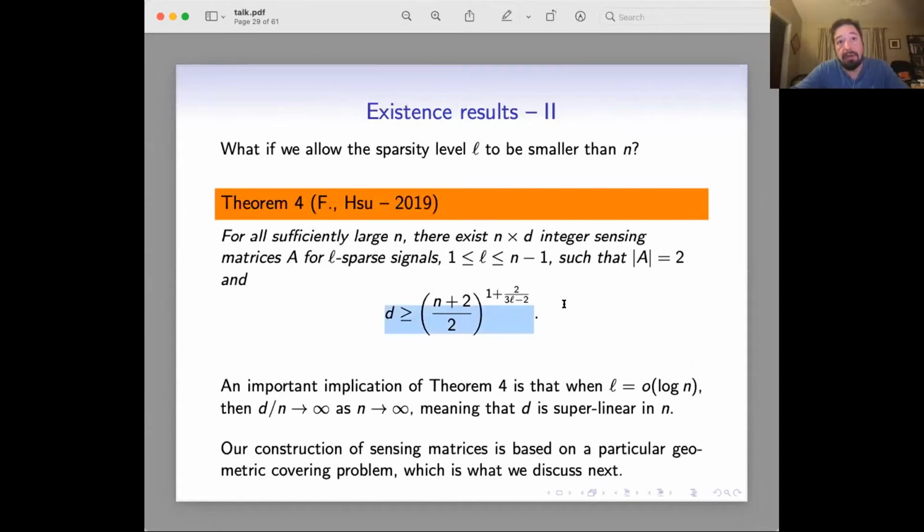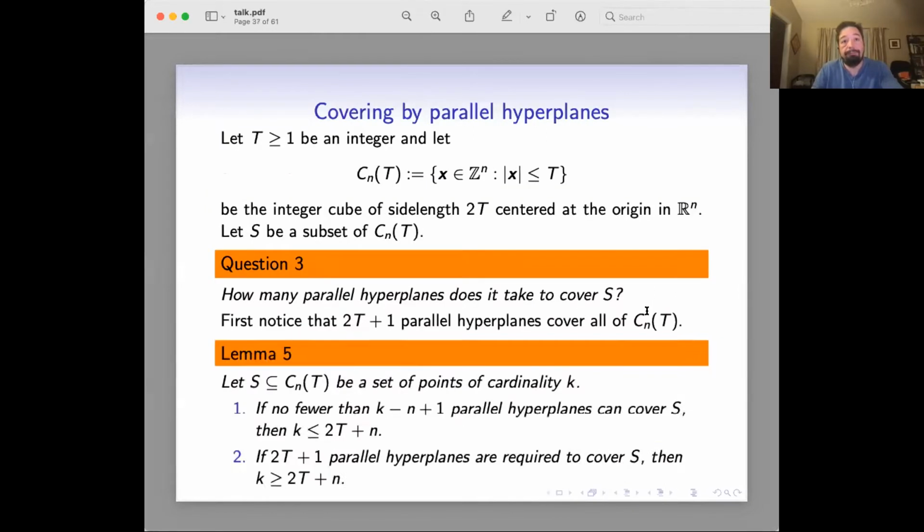It says that I can build Sensen matrices with sparsity level L and sup norm 2, where D is greater or equal than this lower bound in terms of N.